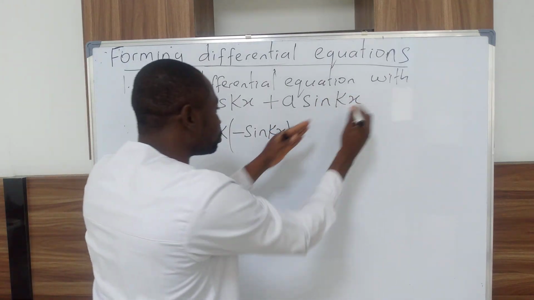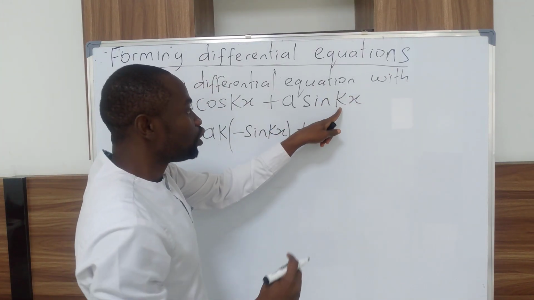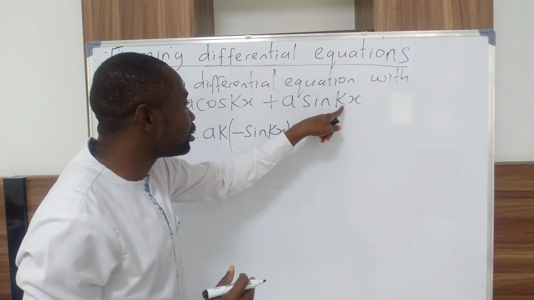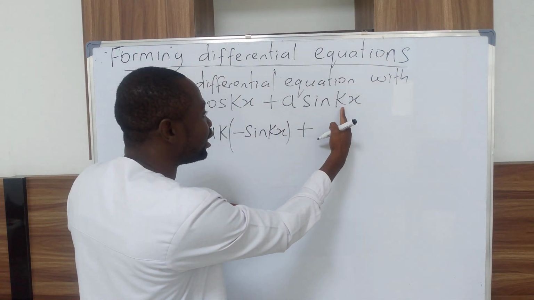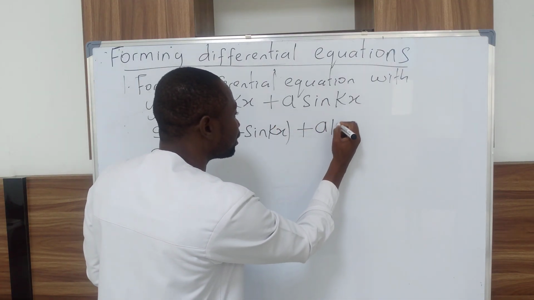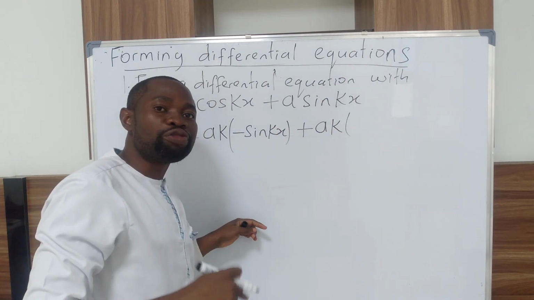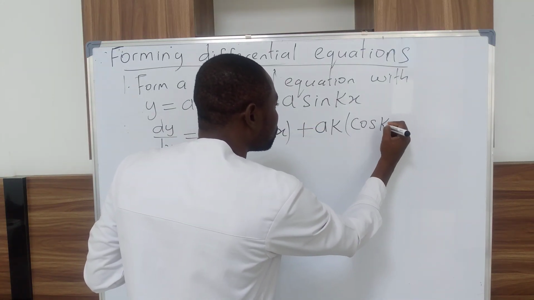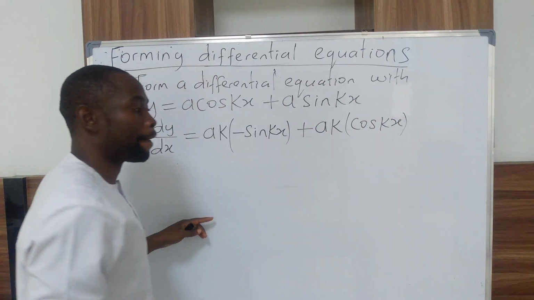Then you move to the next one. Differentiate kx. It's going to give me k. You multiply the k with the coefficient. That is ak. Now, if you differentiate sine, you're going to get cos kx.